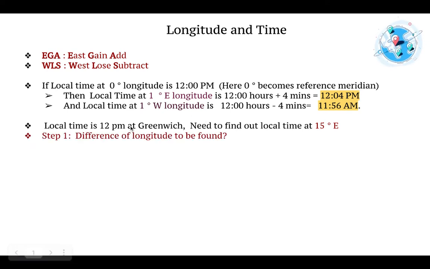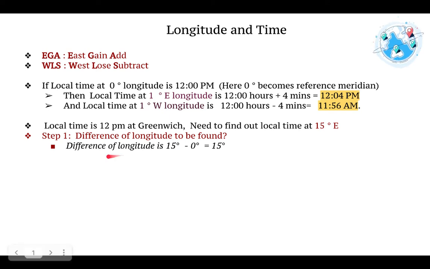Now in this case, the local time is 12 p.m. at Greenwich. Then we need to find out the local time of 15 degrees eastern longitude. So what is my reference longitude here? Greenwich, 0 degree. What is the meridian whose local time I have to find? 15 degrees that lies east of the meridian. This is the indication. So first step, I have to find the difference of longitude.